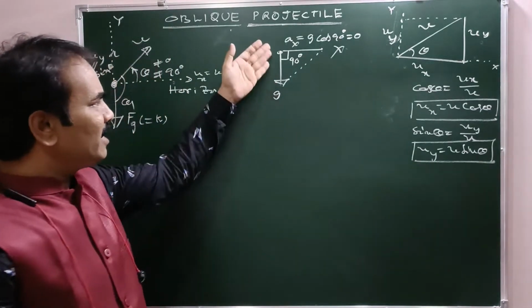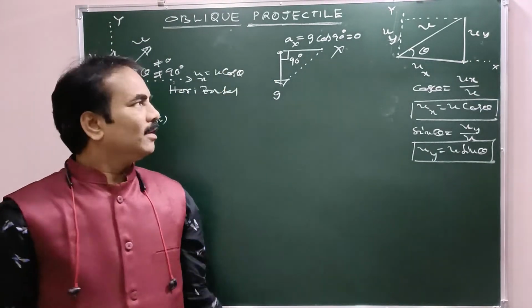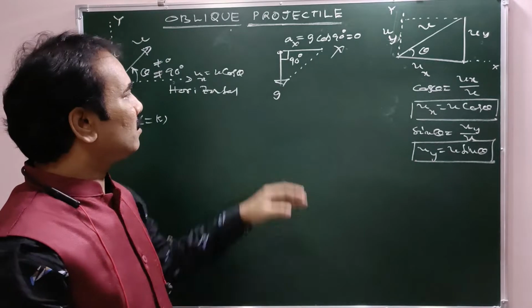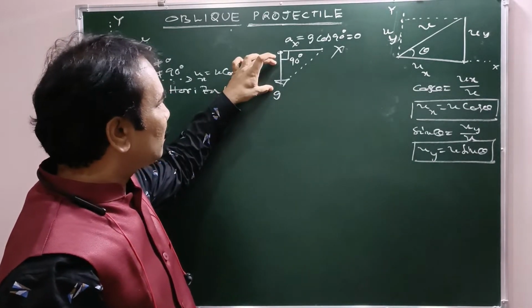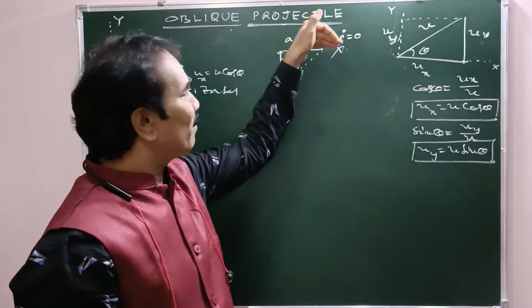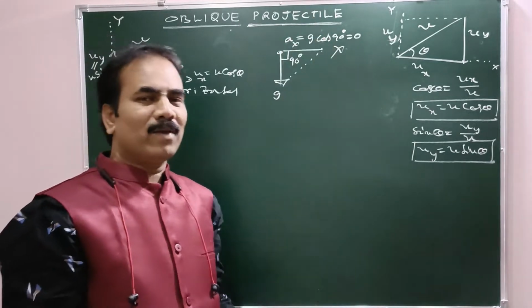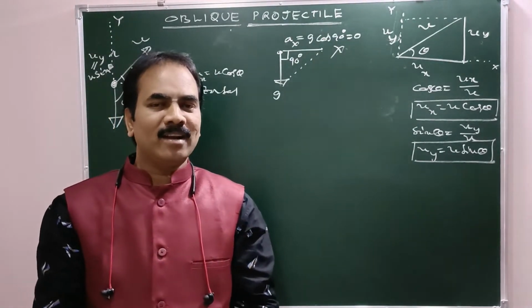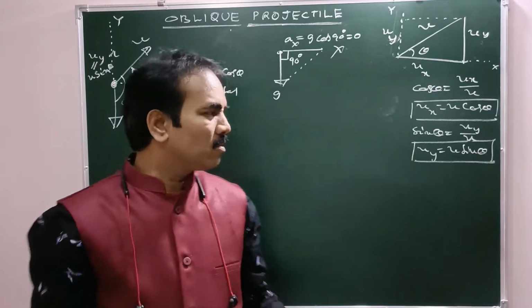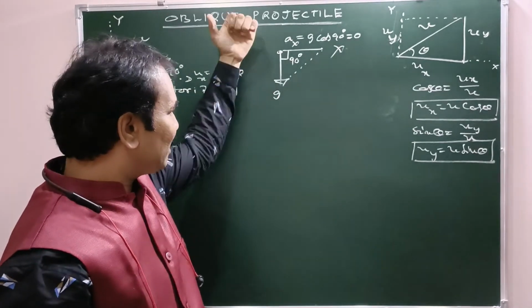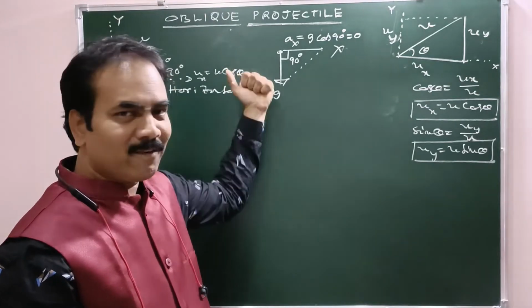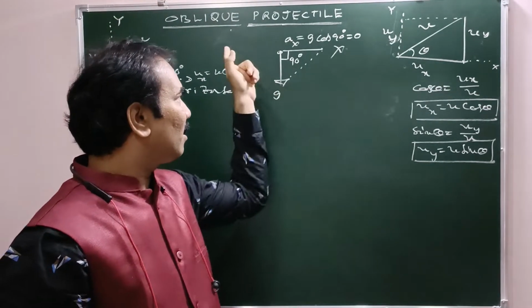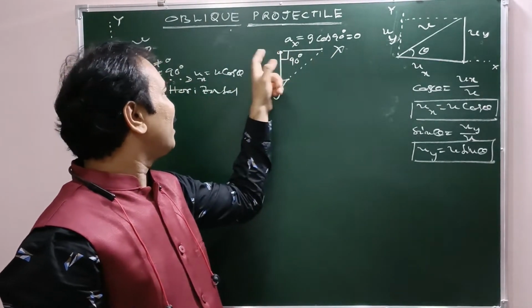See, g is acting vertically downwards, so it finds no component along the perpendicular direction. You know very well, any vector doesn't find any component perpendicular to itself. As g is downwards, that is negative y-axis, what is the component of g along x? 0.